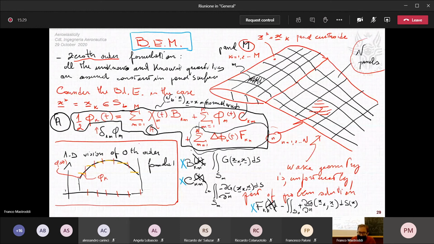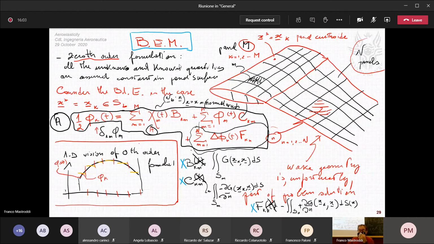So fixing K in the Green function, G function formula, fix the extra point xk, practically the coordinate of this point K here, and then perform this integration varying x in the SM domain. So you have to cover all the possible terms of this matrix BKM.